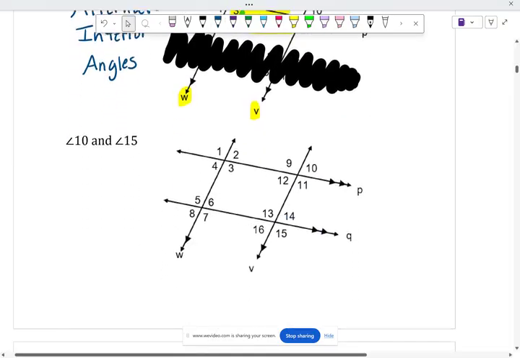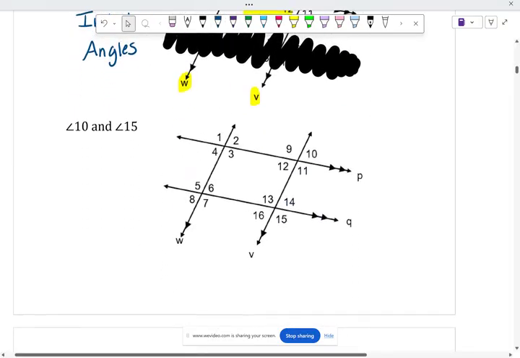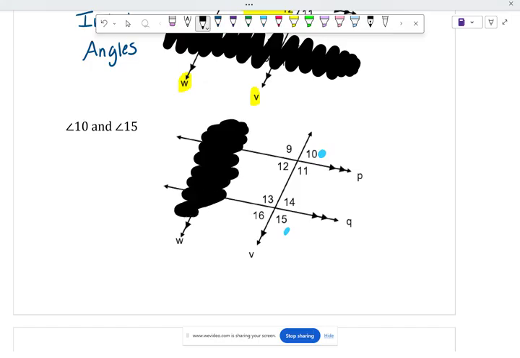Right, the next angle pair that we have to identify are angle 10 and angle 15. Here's angle 10, here's angle 15. We don't need line W. 10 and 15 are both in the exterior of line P and Q. They are on the same side of the transversal.